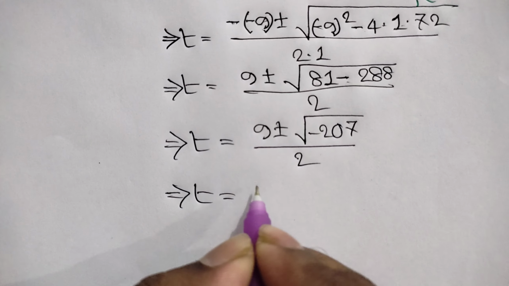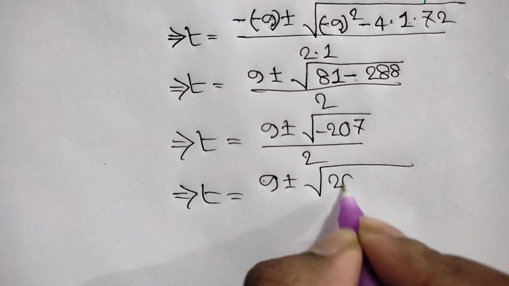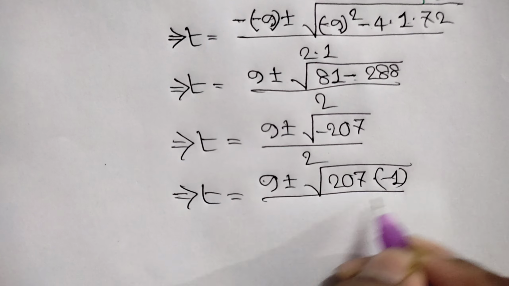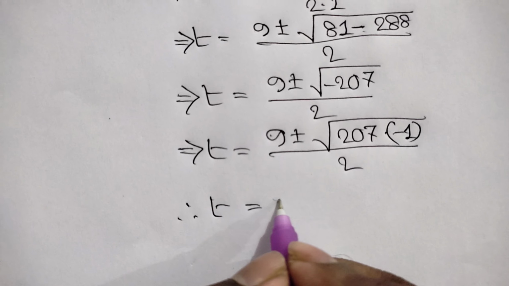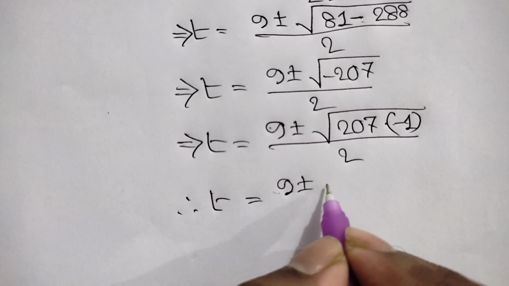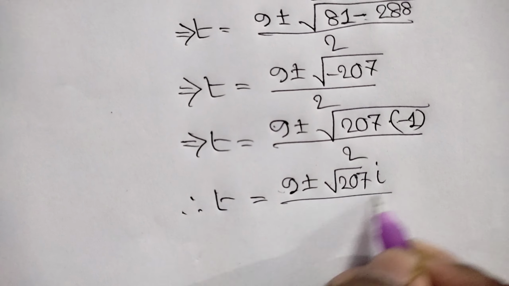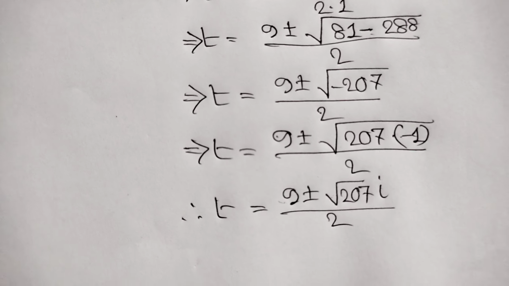Now here we can write 207 times negative 1 over 2. So finally the value of t is equal to 9 plus or minus square root of 207 i over 2, and these two values are complex values.